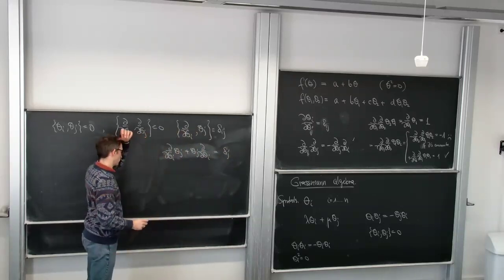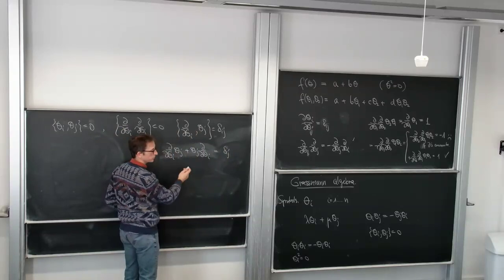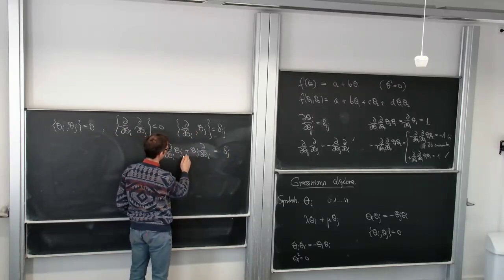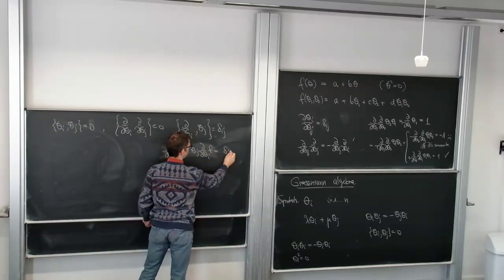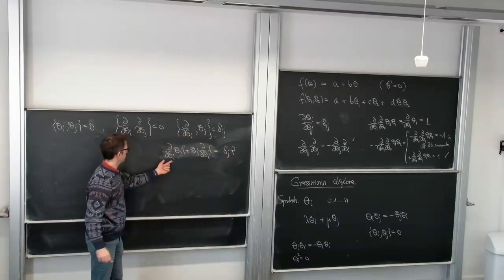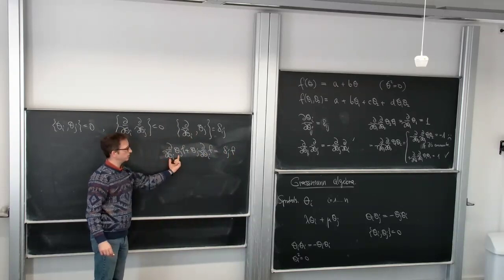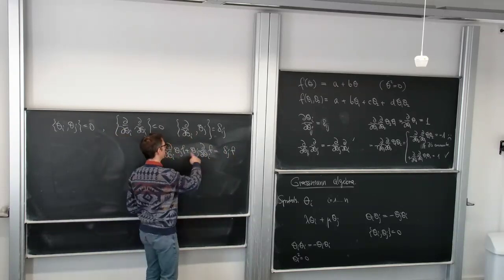And you're supposed to think of we're acting on something, maybe an f. And if they are different, it's zero, and now I bring this to the other side.